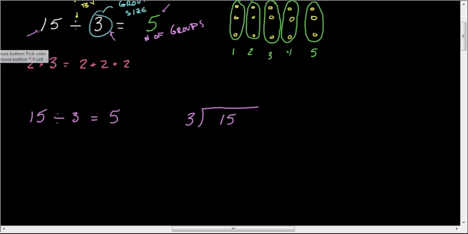Okay, the third way, I'm going to change colors here. The third way, I forgot to put the 5. The 5 goes up top. The third way is what you might recognize as fraction form. If you haven't talked about fractions yet, that's okay. This isn't a fraction. This is division.